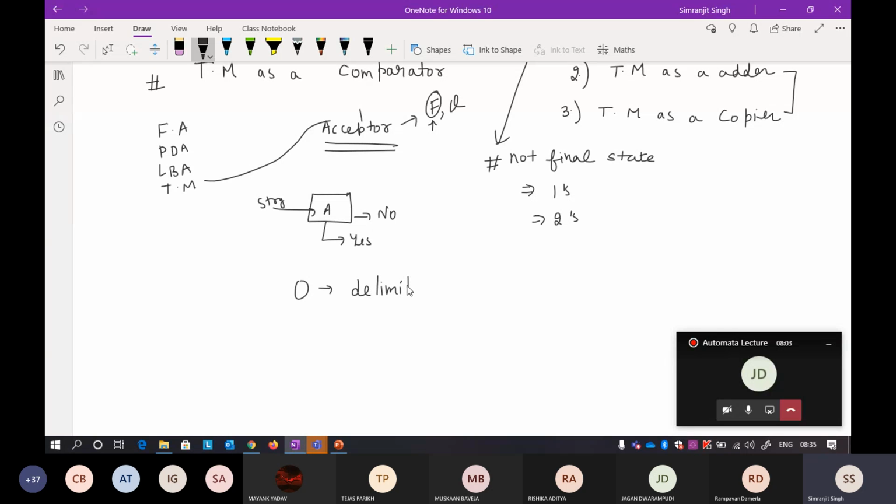Delimiter or separator means that you will be given input as a continuous form of string. So what can you do? This zero will be acting as a separator. Suppose I want my Turing machine to function as a comparator.